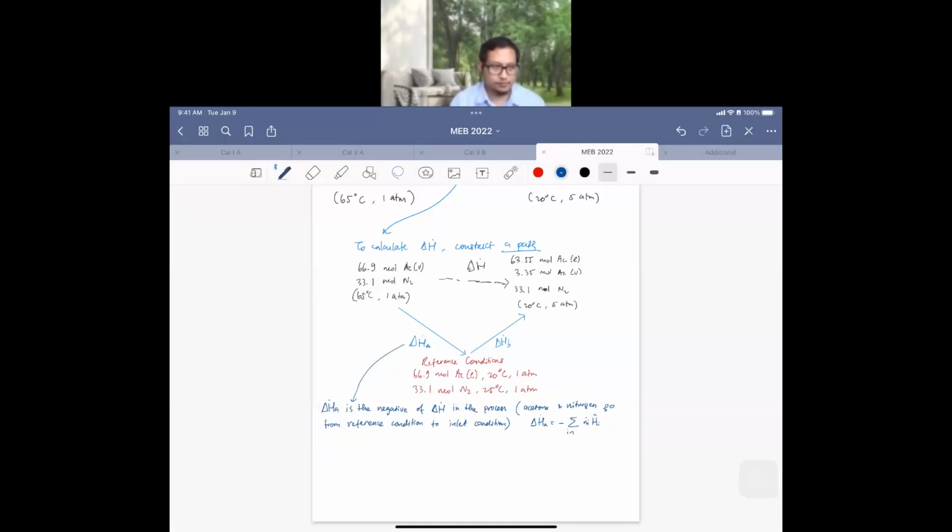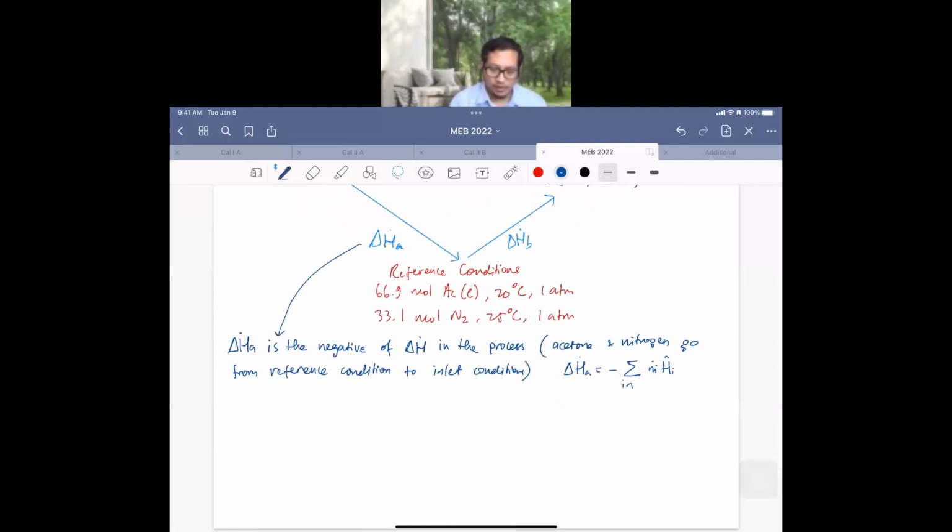Okay. And similarly, delta H B. So delta H B is when acetone and nitrogen go from reference condition to the outlet.